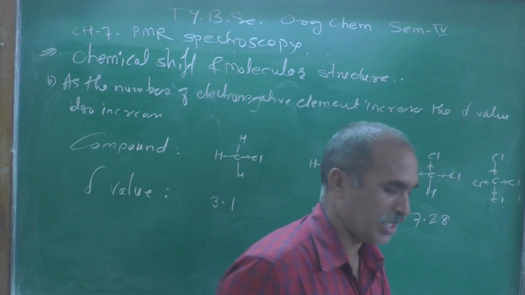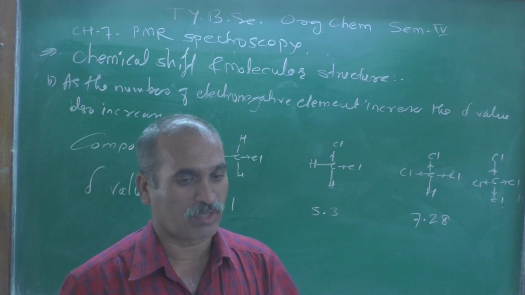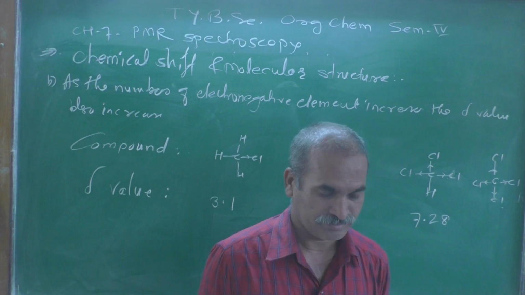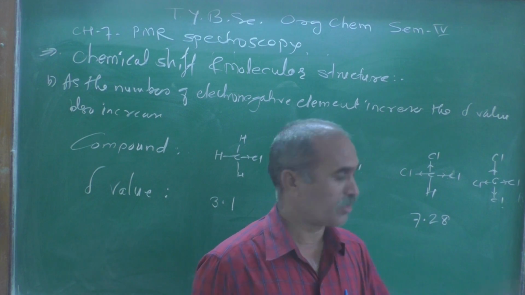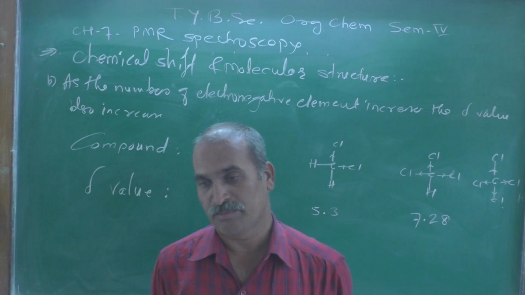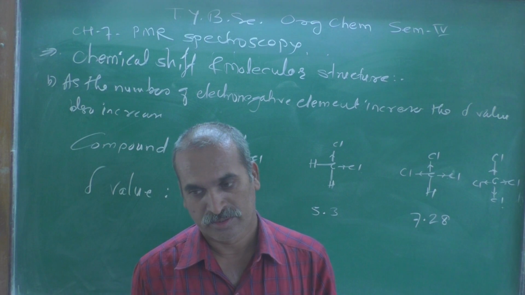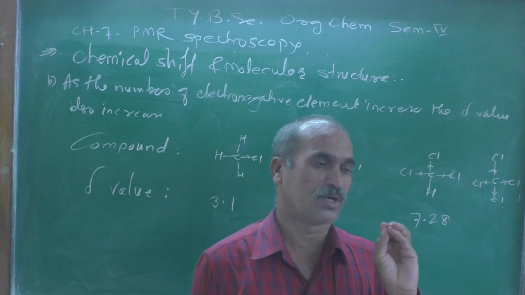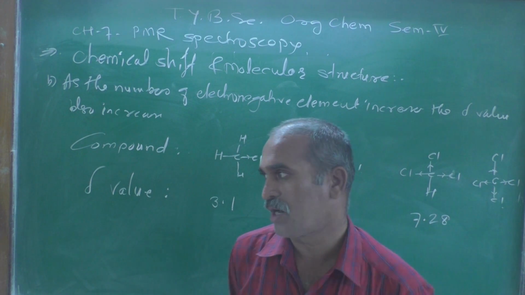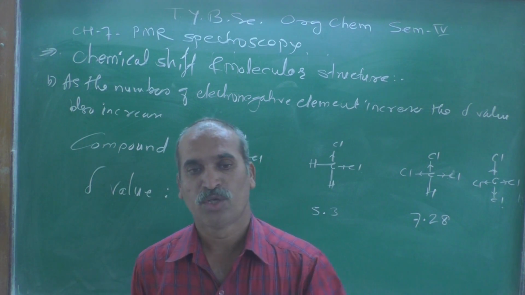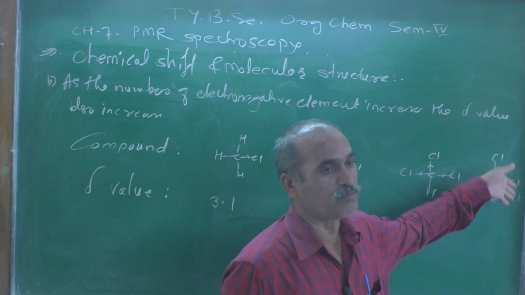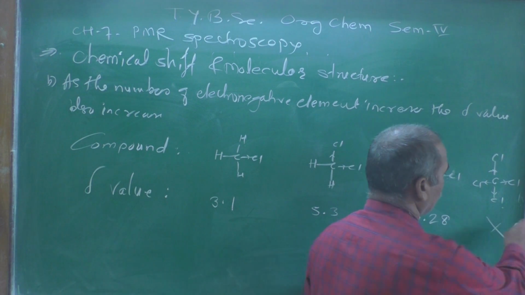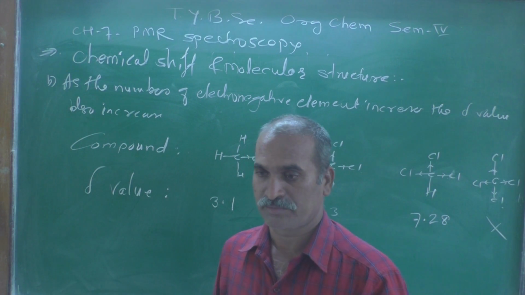And now here, can you tell me what will be the chemical shift value? If you put this compound in PMR spectroscopy, I am repeating again, there will be no chemical shift value observed because there is no proton at all, and therefore no chemical shift value is observed for the proton.